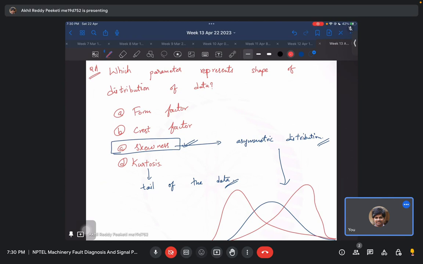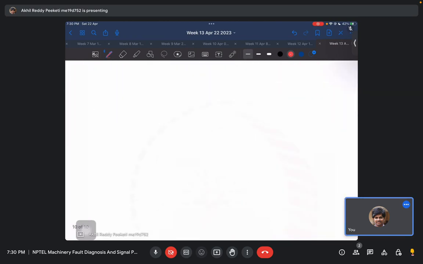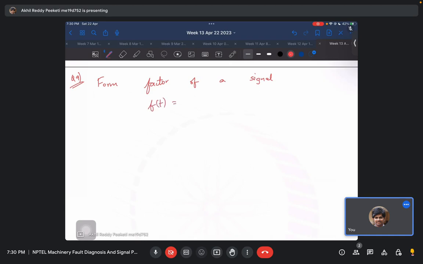Let's move to the next question. What should be the form factor of a signal 5 sine 20 pi t?